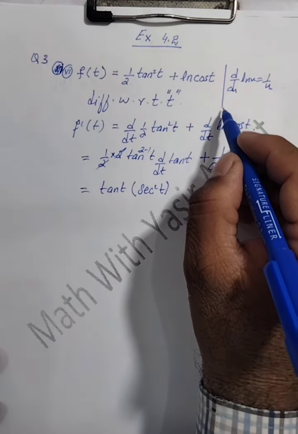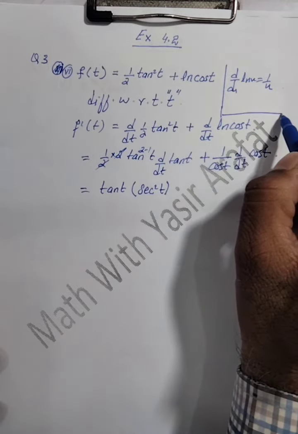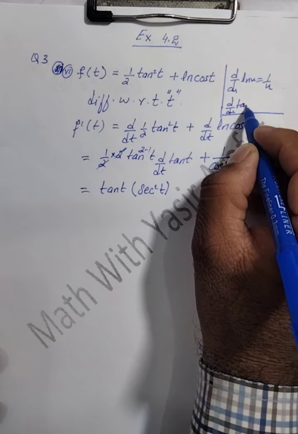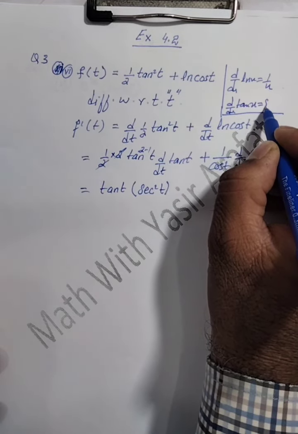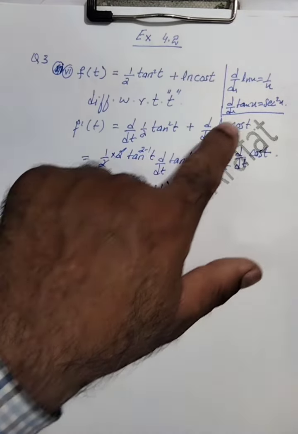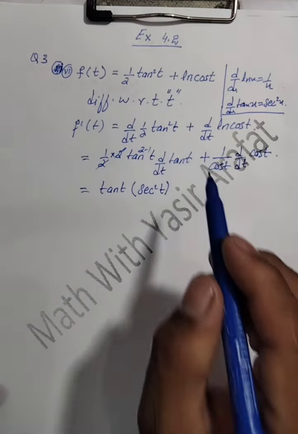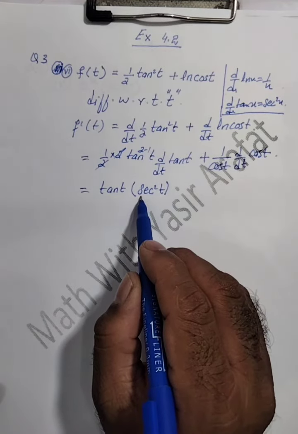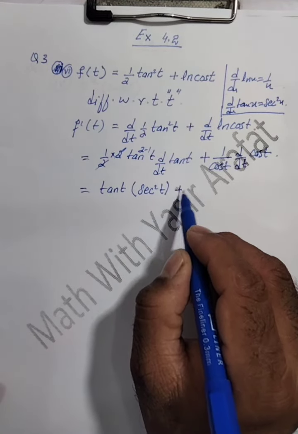The derivative of tangent x is equal to sec square x. This is the formula of derivative of tangent x here. So here this is the tangent t, so the derivative of tangent t will be equal to sec square t.